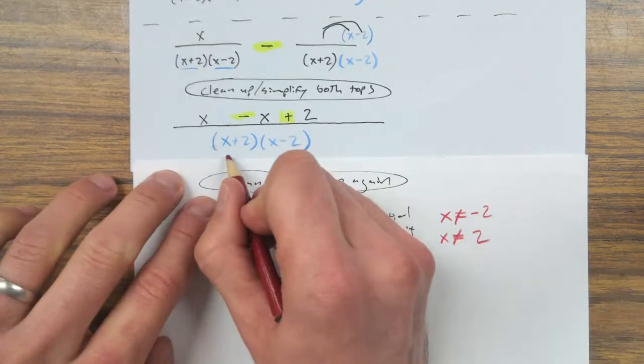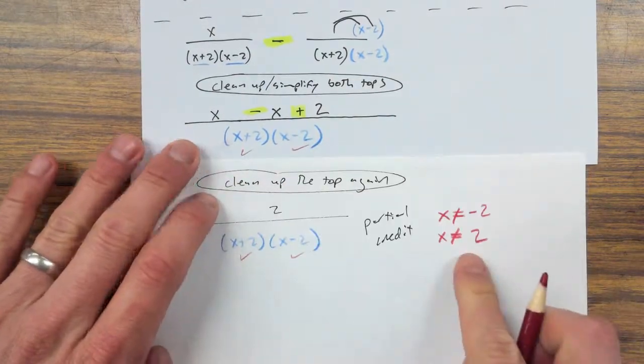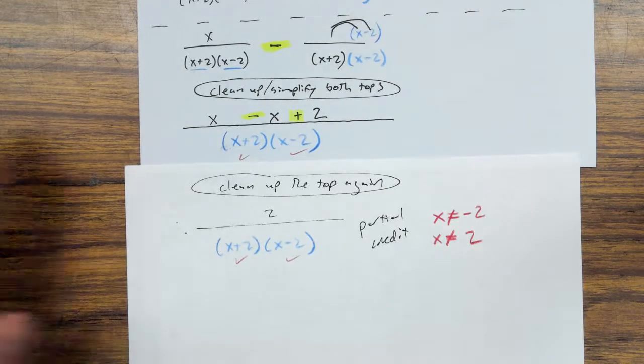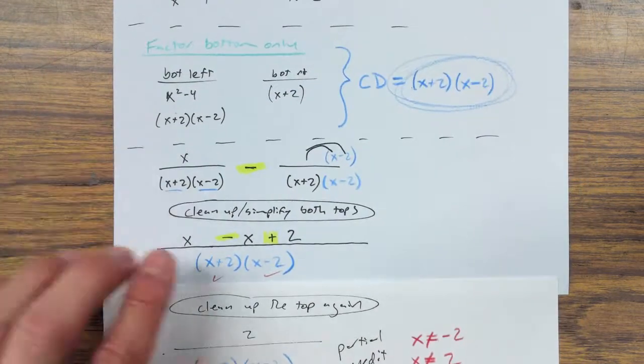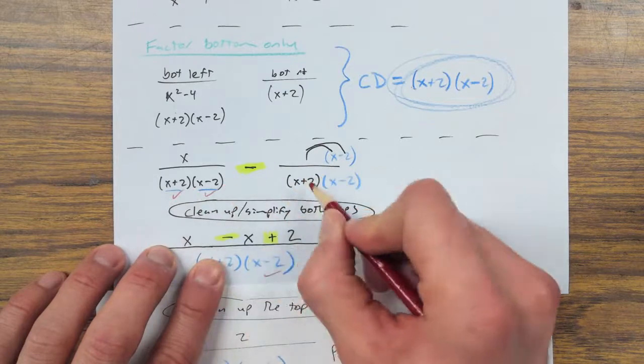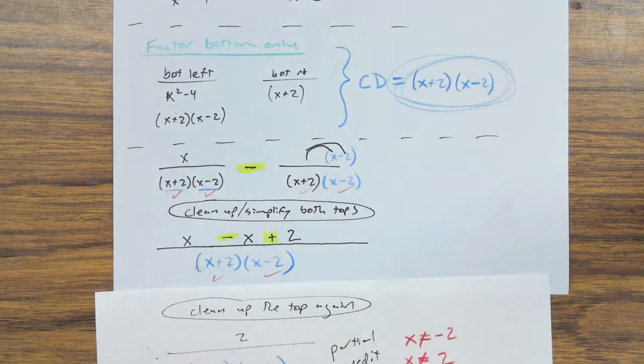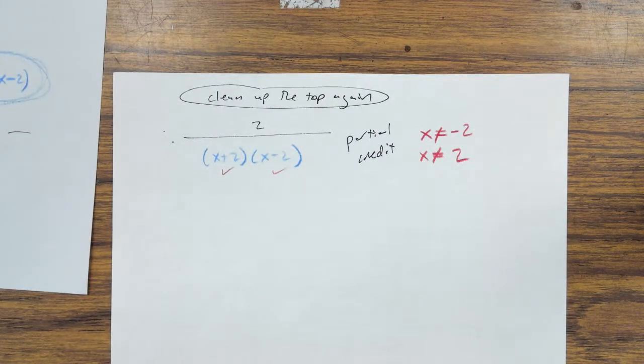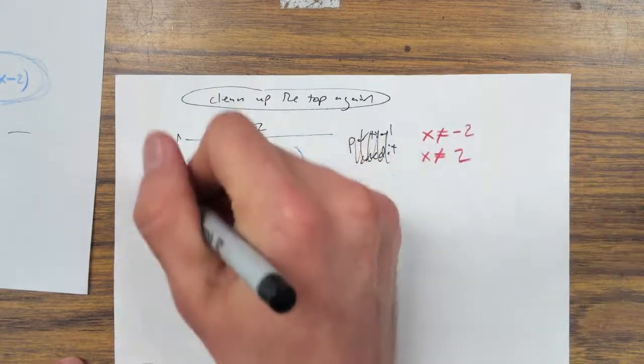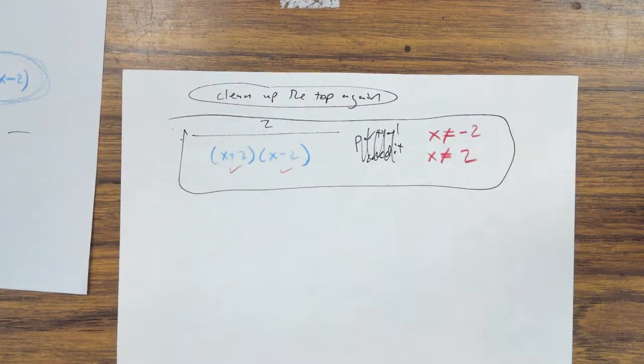Negative 2, positive 2. So that, fortunately for us, doesn't really change anything. Go back all the way up even more so. Negative 2, positive 2, negative 2, positive 2. I think we've got our restrictions. There's no other new ones up above anywhere. So we can definitively say, okay, no longer partial credit with my restrictions. I now have full credit.